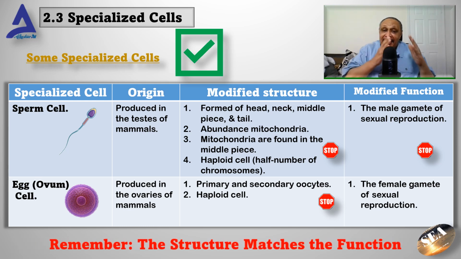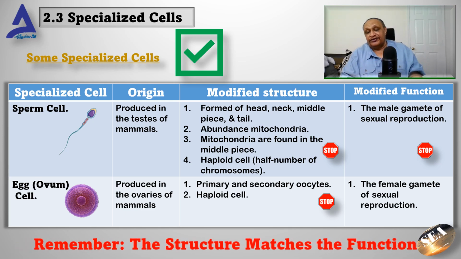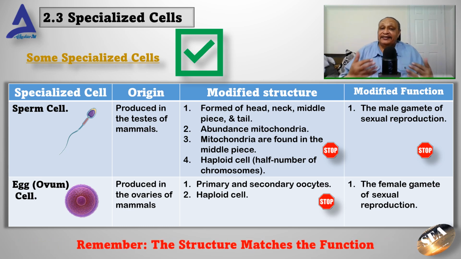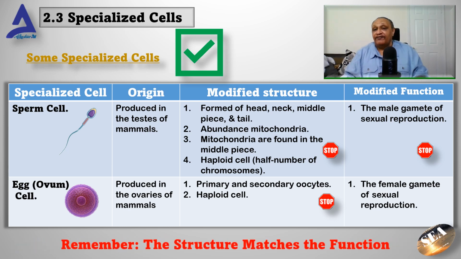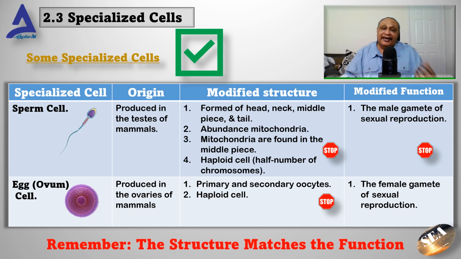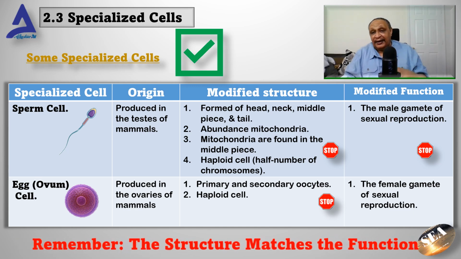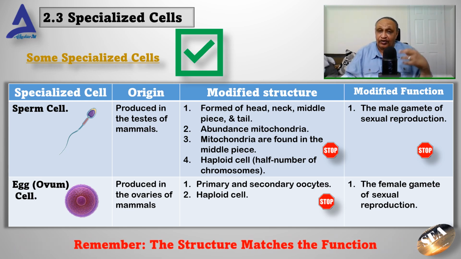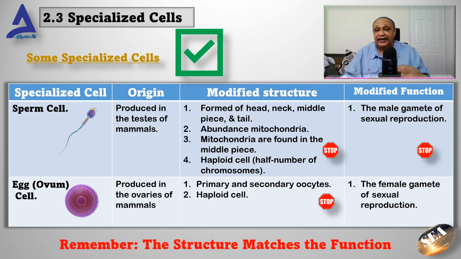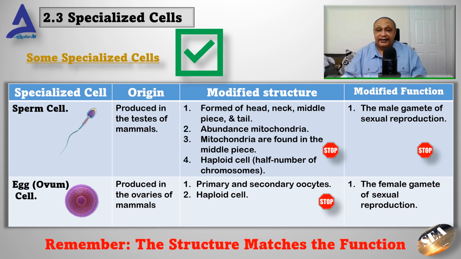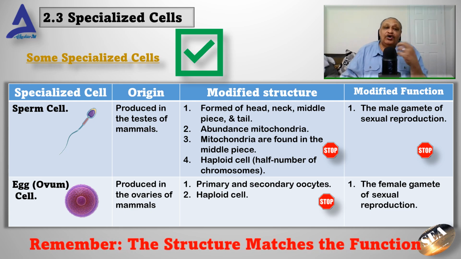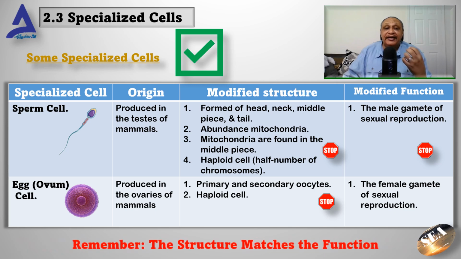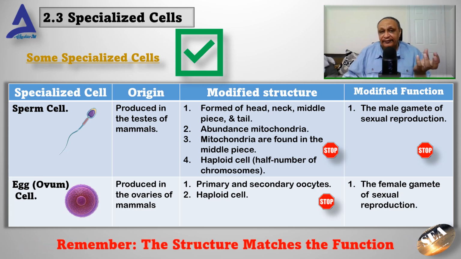So it has half the number of chromosomes. Its modification is that it is the male gamete of sexual reproduction. That means it is the part that can produce a zygote or fertilization inside the female genital system.